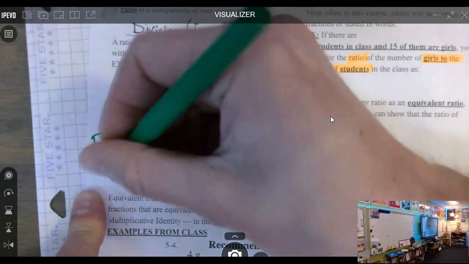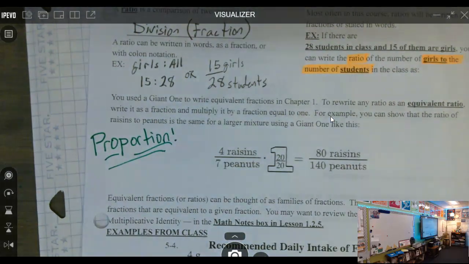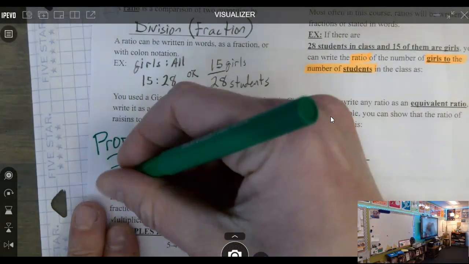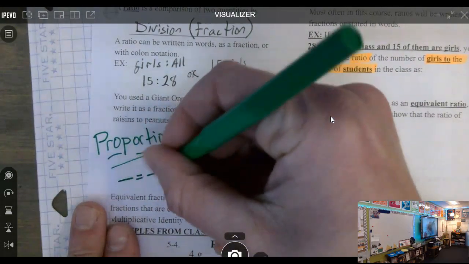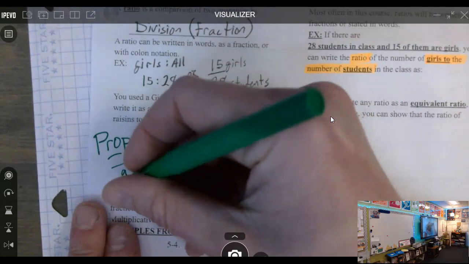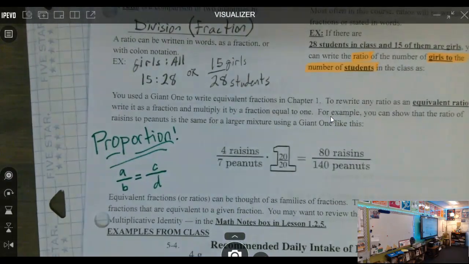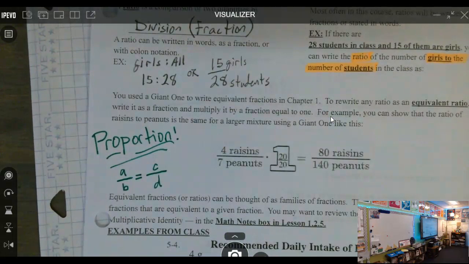Because these are great notes that you can refer back to. A proportion is a fraction equal to a fraction. So like A over B equal to C over D. Whatever those numbers are, like 1/2 equal to 2/4, 1/2 equal to 4/8, 1/2 equal to 10/20.